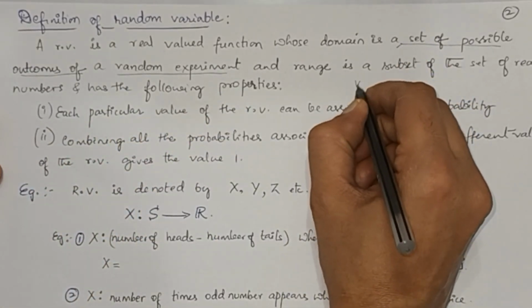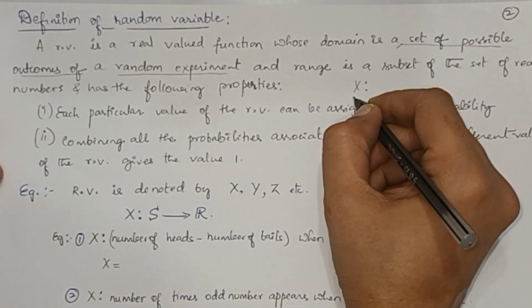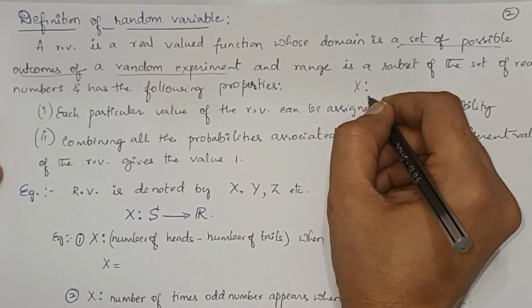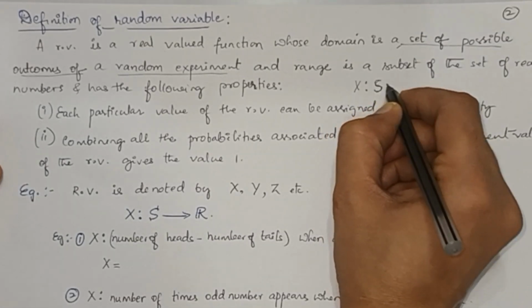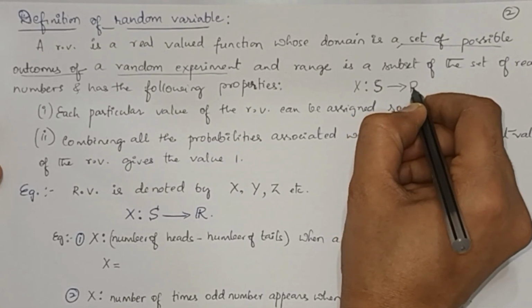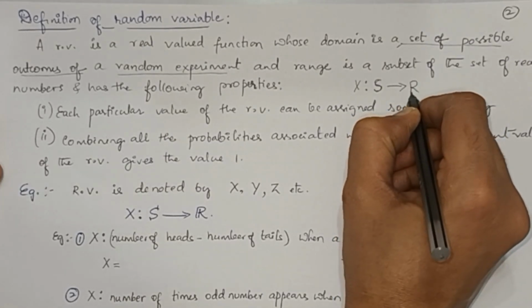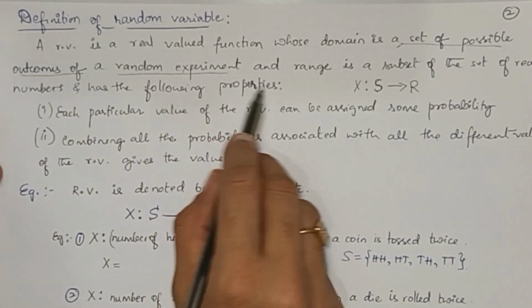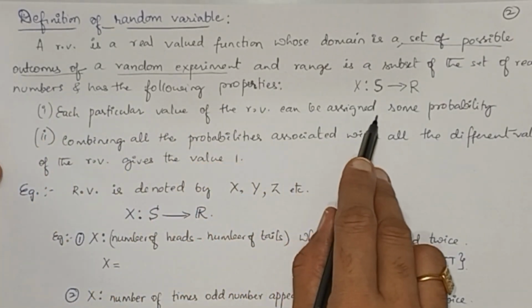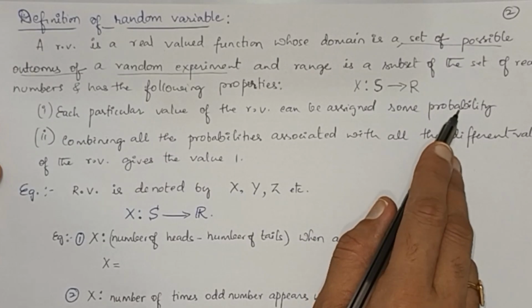Means your random variable, usually denoted by capital letters X, Y, Z, etc. So X is a function from S, the sample space of a random experiment, to any subset of R. So it is a real set. And it has the following properties. Each particular value of the random variable can be assigned some probability.